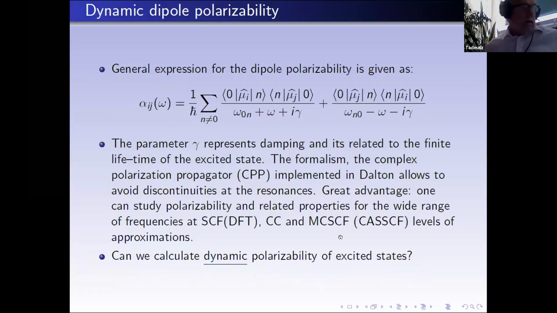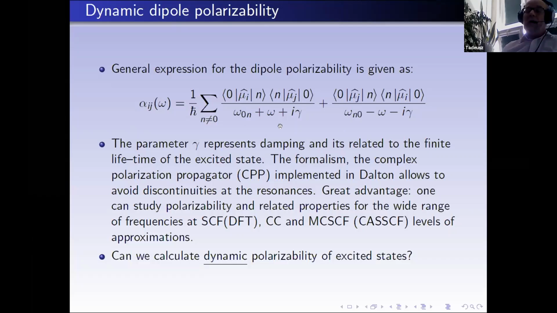Now let's switch to the dynamic polarizability. Let's start with the general expression. In this expression, this factor is responsible for taking into account the finite lifetime of the excited states. And if this parameter is really included in the formulas, even in a very practical, approximate way, we have two advantages.